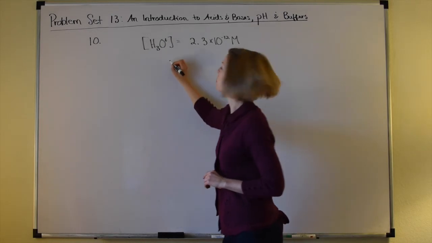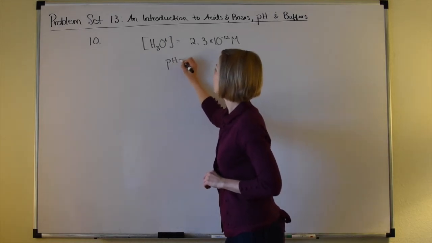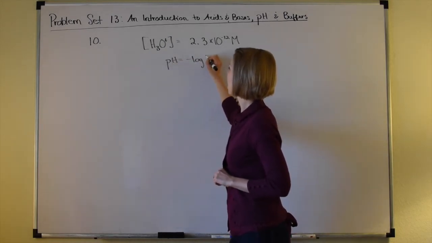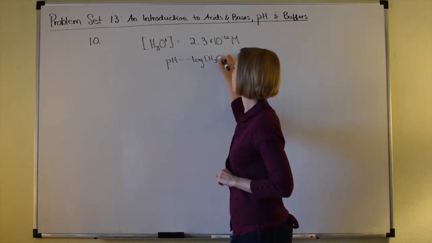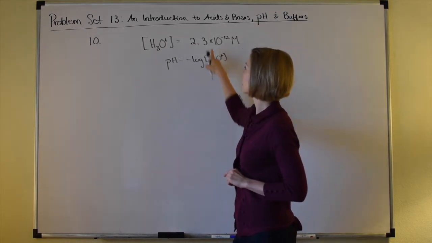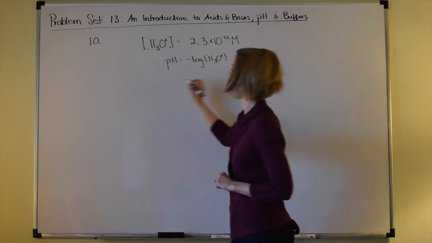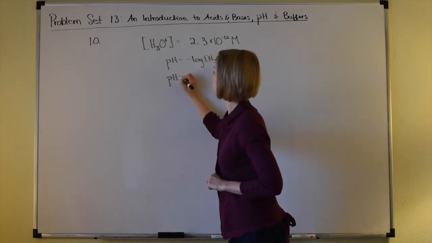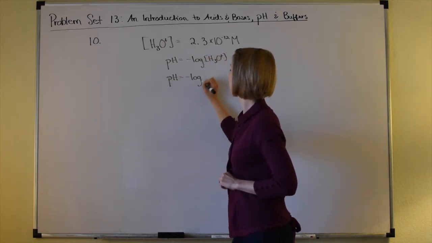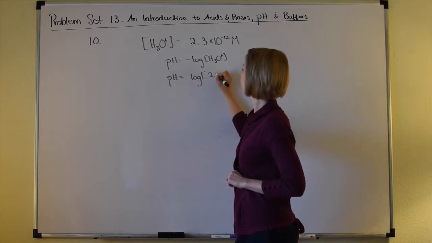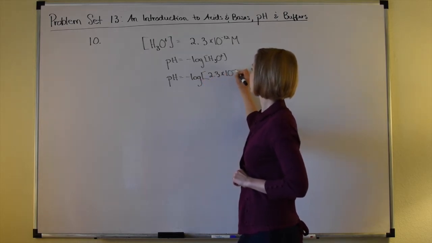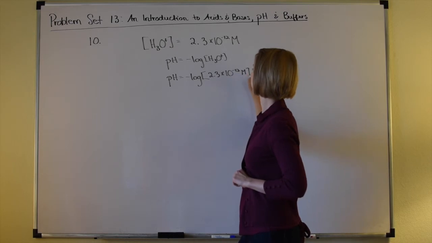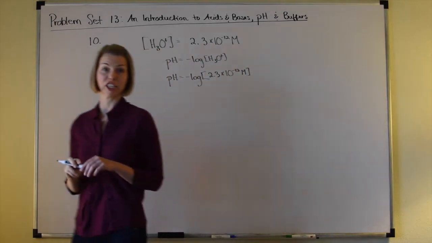And we want to find the pH. So pH equals negative log of the hydronium ion concentration. So we just need to plug in our hydronium ion concentration here. We get pH equals negative log of the 2.3 times 10 to the negative 12 molar hydronium ion concentration.